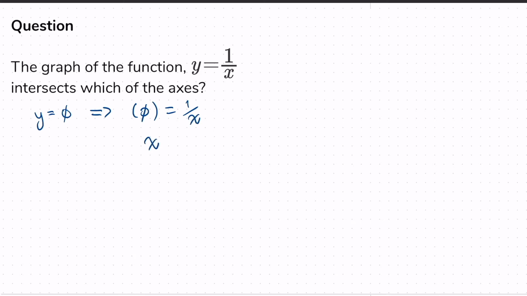Through rearrangement, I find that x is equal to 1 over 0. And this is problematic. I actually don't have an answer for this. So I can see from this nonsense answer that there is no x-intercept.